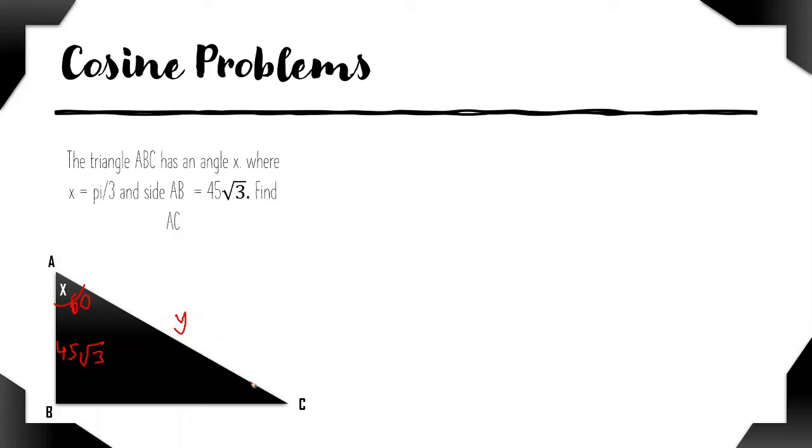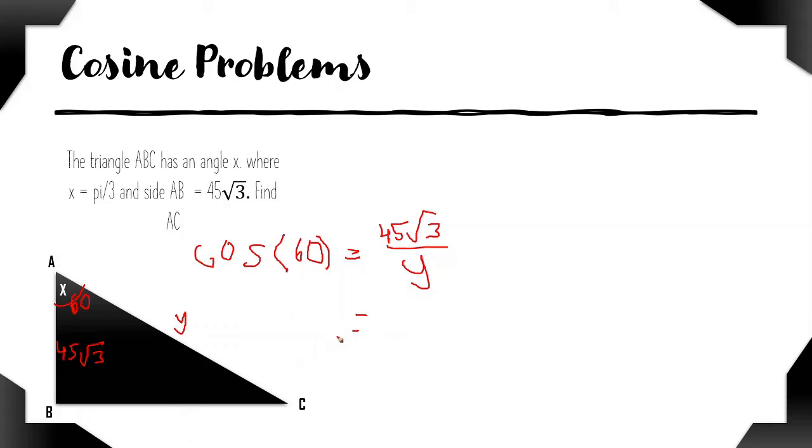We can do cos of 60 is equal to the adjacent over hypotenuse, so 45 square root of 3 divided by y.